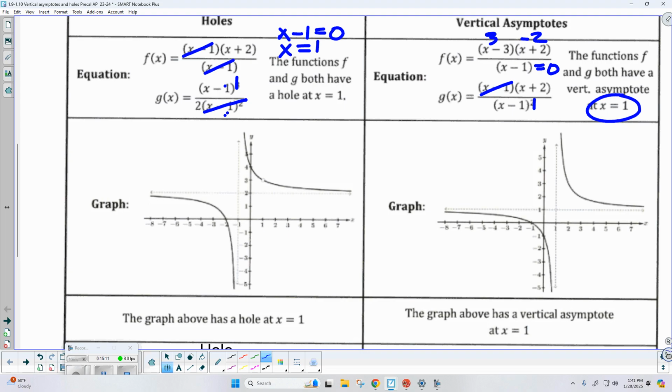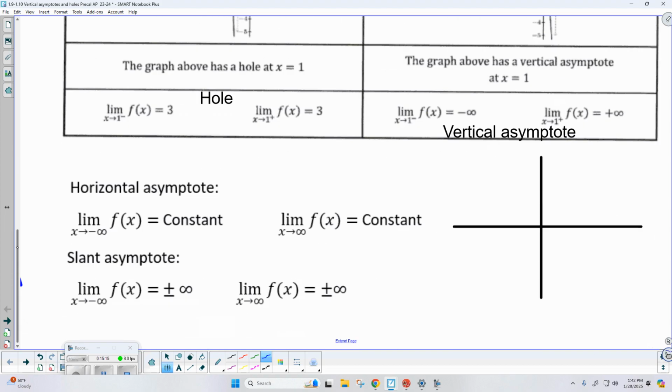Okay. Well, let's take a look at how we're going to be viewing these with limit statements. So I wanted to kind of pull everything together, especially what we just did on 1.7, and show you this. Okay. Because given a limit statement, depending on how it's written, you need to be able to tell, is this referring to a hole? Is this talking about a horizontal asymptote? Is it slant? Okay.